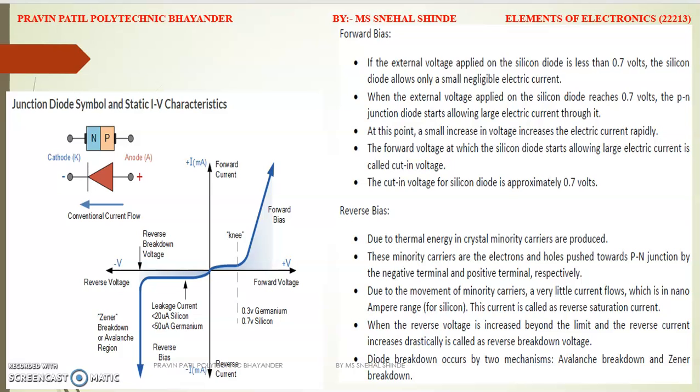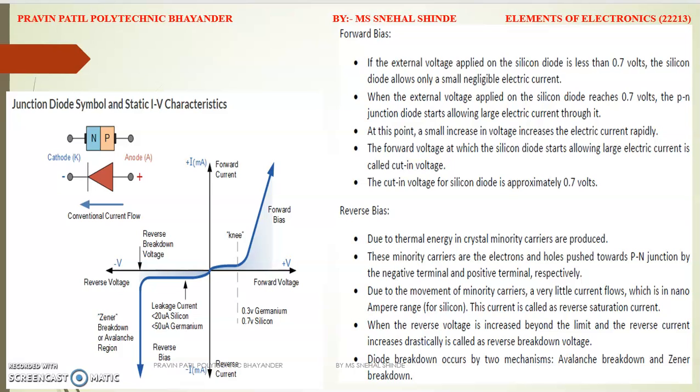Due to the movement of minority carriers, a very little current flows, which is in the nanoampere range for silicon.